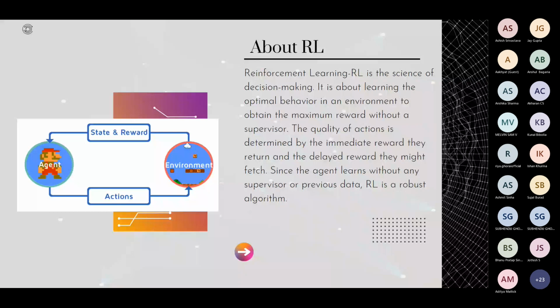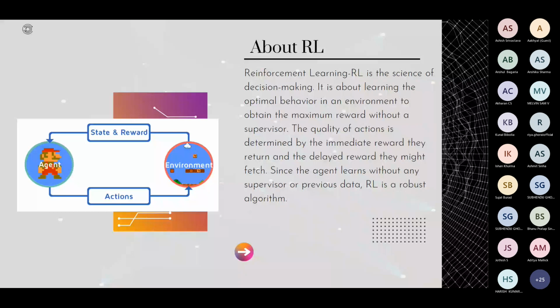In reinforcement learning, we basically don't have a supervisor. That is, we don't have any previous data sets to tell us what final outcome we desire. If you put an agent in an environment, the agent on its own has to learn what to do, and this is characterized by something called the reward.